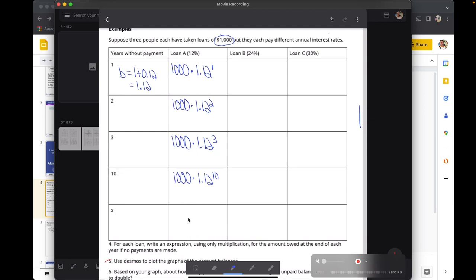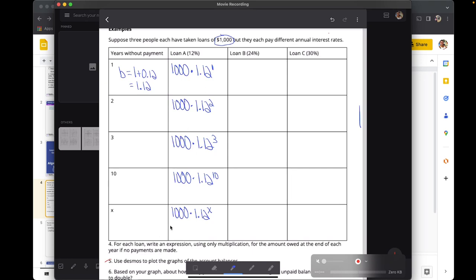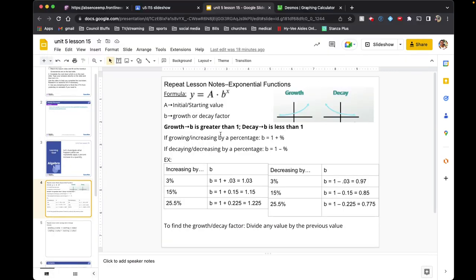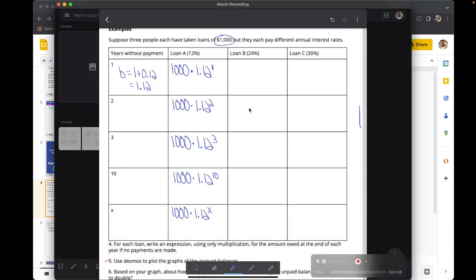And lastly, if we want to generalize it, it would be 1,000 times 1.12 to the power of x, meaning my exponent would be however many number of years we want to go. So again, to recap, all I did was I knew my starting value was 1,000, and then to find the second number, the B value, I took 1 plus the percentage. 1 because I was increasing by a certain percentage.